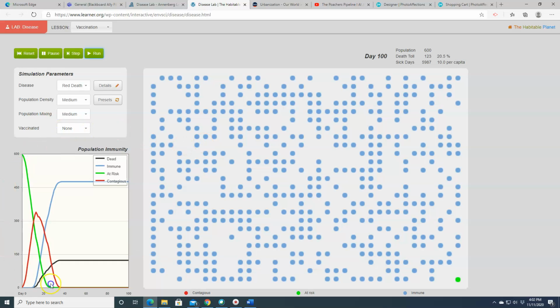Just remember that you're specifically looking at the graph here, and you're also looking at the information up here at the top of your chart. If you have any specific questions about the lab or the simulation, please let me know. But it's fairly straightforward and pretty eye-opening, especially in the midst of the world we find ourselves in now.